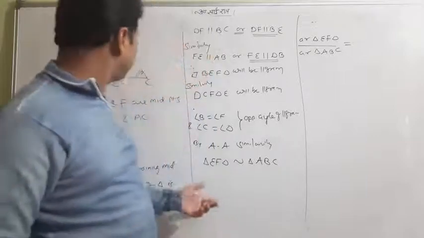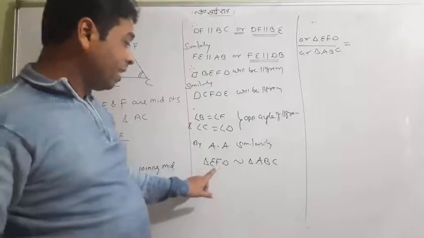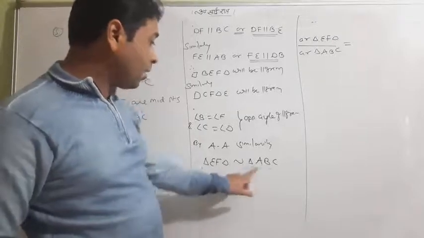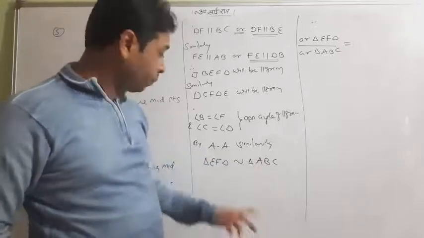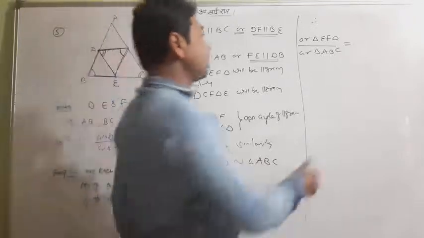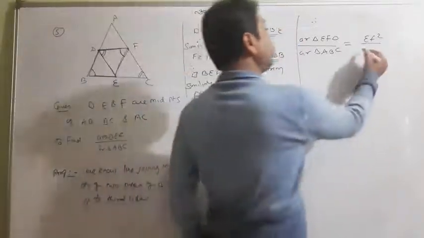So one side you can choose by yourself. Suppose I am writing here, any side you can take, EF and AB you can take, FD or BC you can take, ED and AC you can take. Anyone you can take. Suppose EF I am writing, EF upon AB. This is good enough.